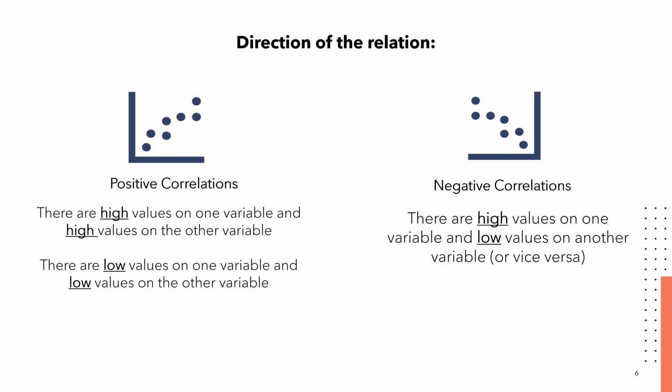A negative correlation has an inverse relation among variables. This means that people who have high values on one variable have low values on another, or vice versa. People who have low values on one variable have high values on another. Students do tend to mix these up, so be sure to know the difference between them for exams.